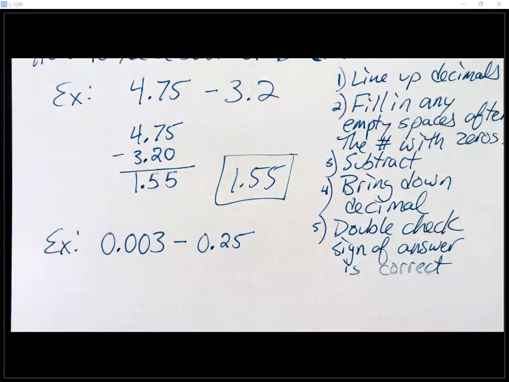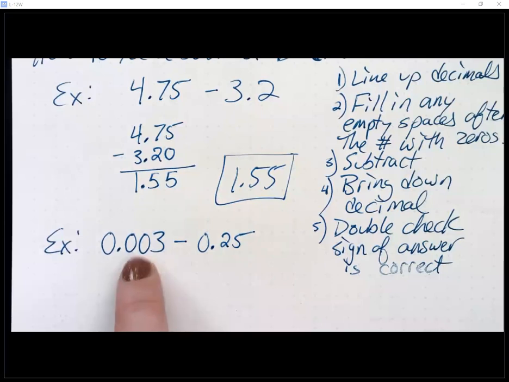So if I want to do this, can you tell me if my answer should be positive or negative before we even do it? Is my answer going to be positive or negative? Negative, for sure. I have a really tiny number and I'm subtracting 0.25, which is still small, but it's bigger than that one. So I know my answer is going to be negative in the end.